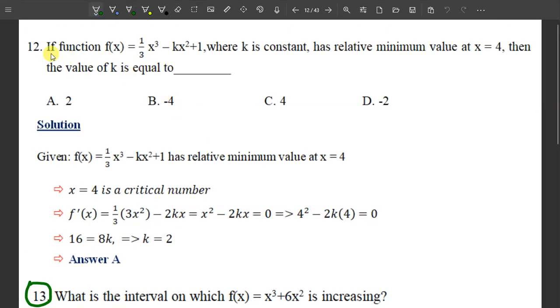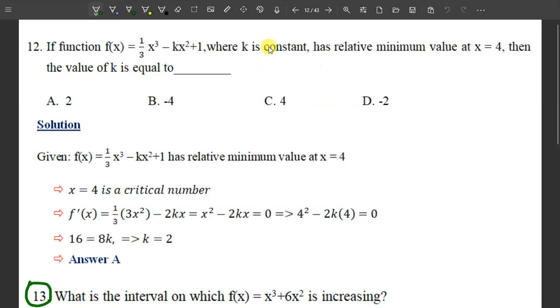Question number 12. It says, if a function f of x is equal to 1 over 3 x cubed minus kx squared plus 1, where k is constant, has a relative minimum value at x is equal to 4, then the value of k is equal to, that is what the question asks us.